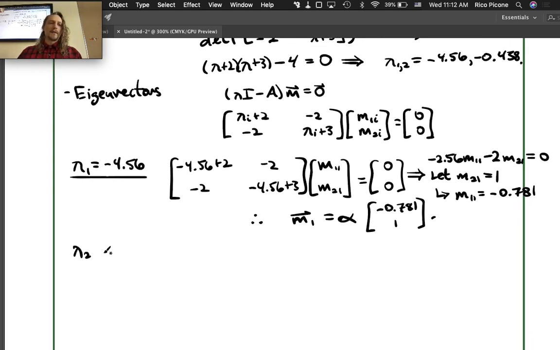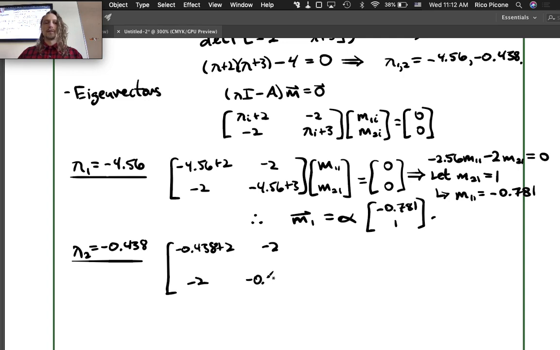Similarly, we can do that with lambda 2 equals negative 0.438. We plug that in: negative 0.438 plus 2, negative 2, negative 2, negative 0.438 plus 3, times m12, m22, equals 0, 0.